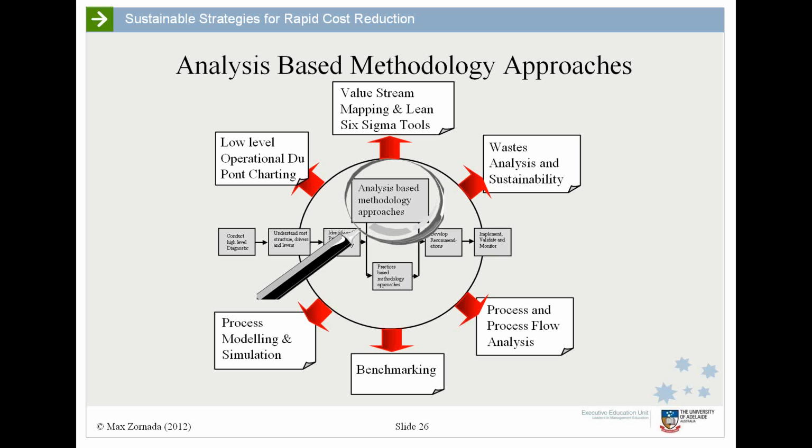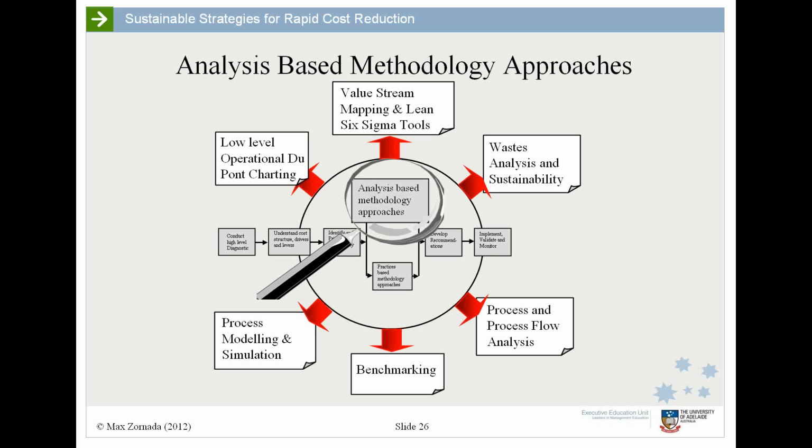Understanding the processes and process flows, building on more traditional process improvement techniques that have been around for a long time, that's always useful. Benchmarking is often an easy option that's overlooked. If you can find a benchmark partner that does the same thing that you do but for significantly less cost, going and finding out how they do it can often be a valuable learning and adapting what they do to your own organisation.